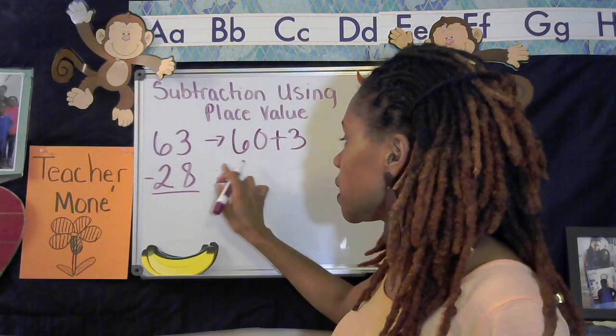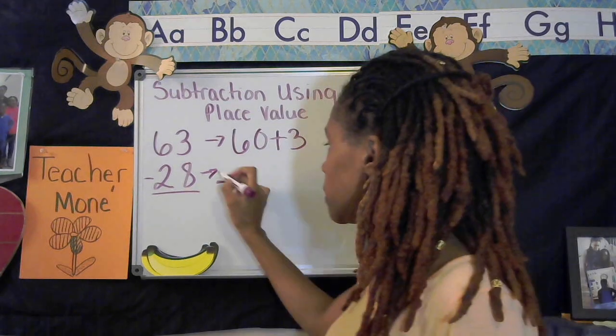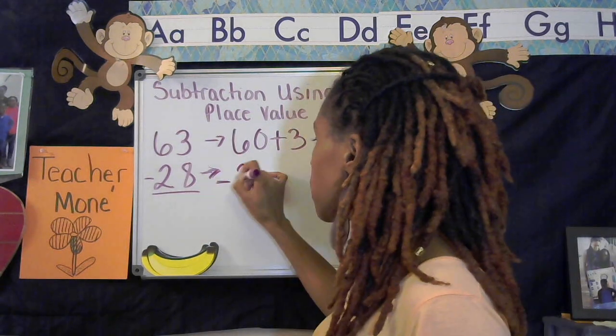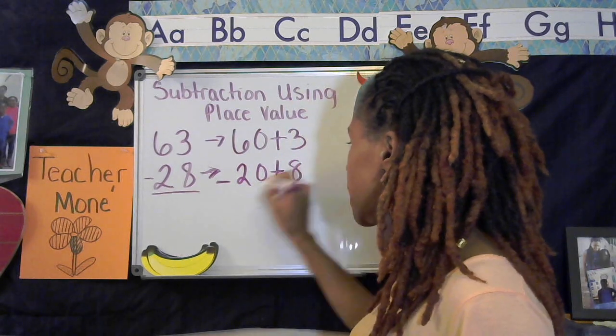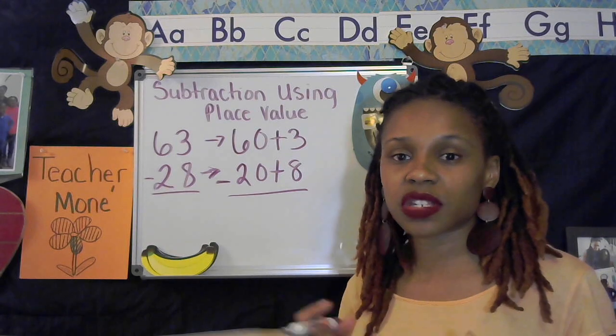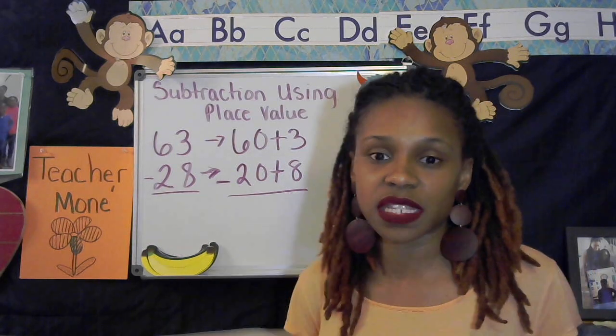I'm going to move this arrow because I don't want anyone to get confused by the arrow and subtraction. So here I have 20 plus 8. Now I'm going to subtract these two numbers, 28 from 63.